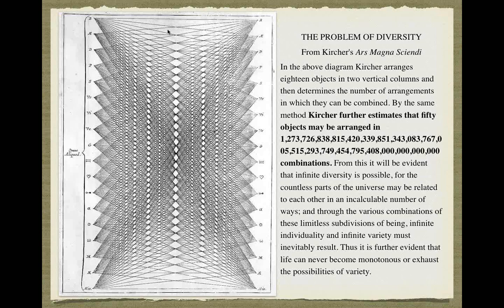But, given what you said about factorials, you have to give the benefit of the doubt to Kircher on this, that he makes a leap here. Kircher further estimates that 50 objects may be arranged in X combinations.